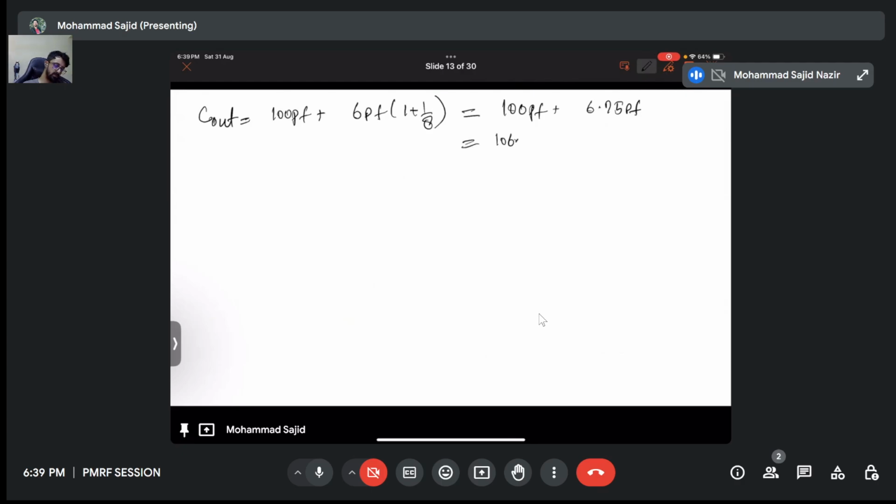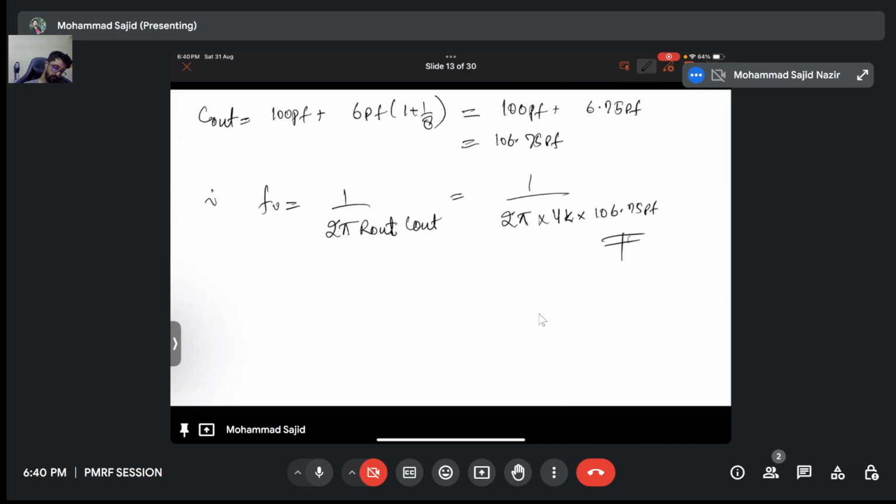Therefore, the upper cutoff frequency will be 1 over 2 pi R out C out, where R out is directly RD, that is 4 kilo ohm, multiplied by C out, which is 106.75 picofarad. This will give you the upper cutoff frequency. Alright, I hope it is clear.